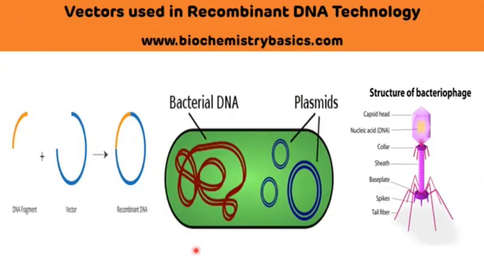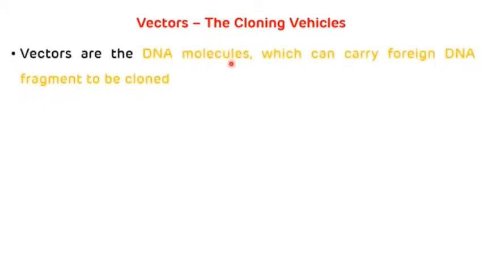Hello everyone. In today's video, we will discuss various types of vectors used in recombinant DNA technology. First, the definition of vectors, which are also called cloning vehicles. Vectors are the DNA molecules which can carry foreign DNA fragments to be cloned.